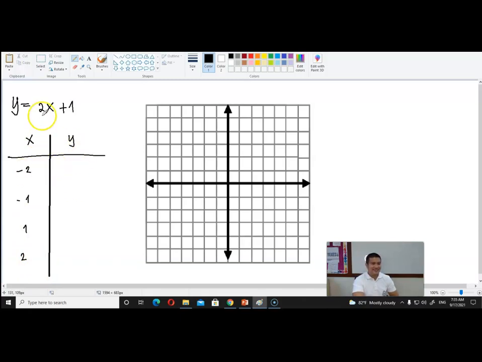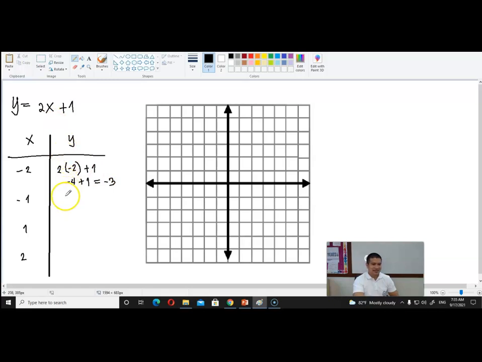Let x equal negative 2. We will have 2 times negative 2 plus 1, which is negative 4 plus 1, giving us negative 3.